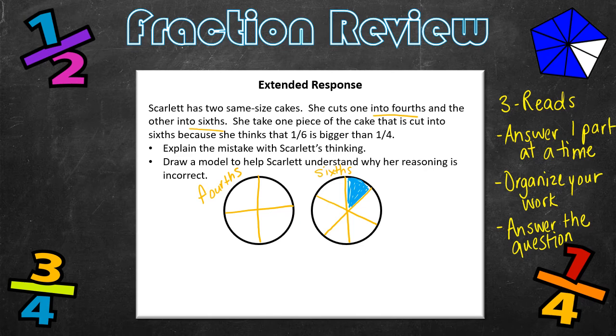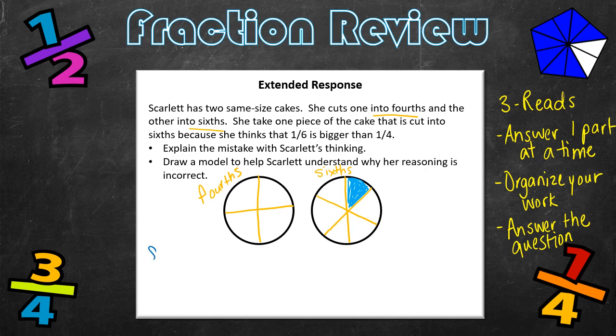So if I look at my model, I can show that if I cut my first cake into 4 parts and then cut my second cake into 6 parts, the more parts I cut it into, the smaller the pieces become. And just think about it. If you have a cake and I tell you to cut it into 100 equal parts, those parts are going to be really tiny.